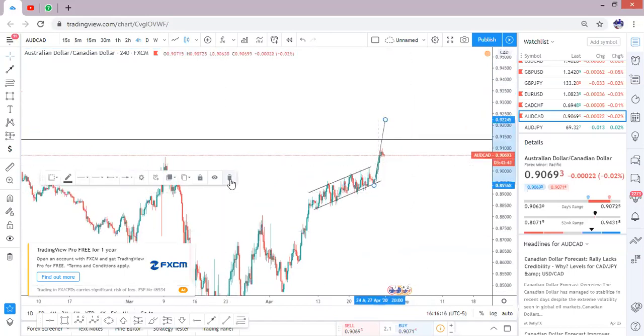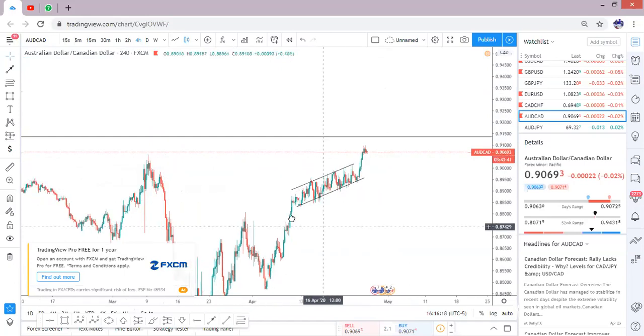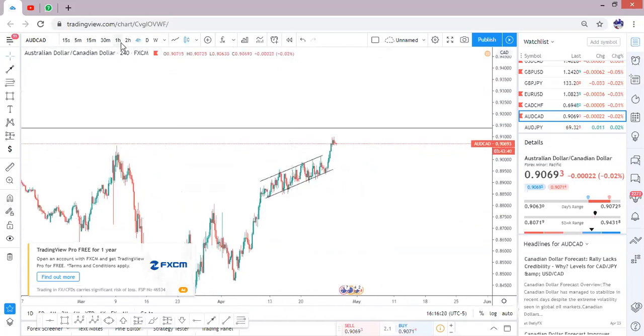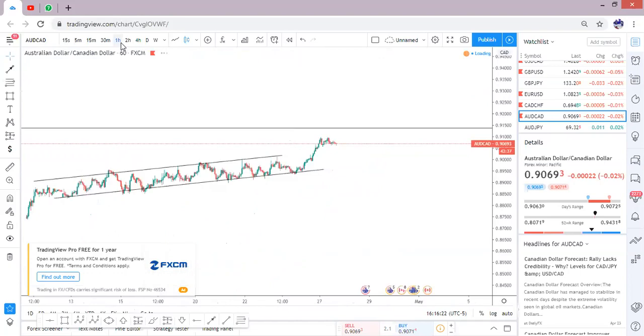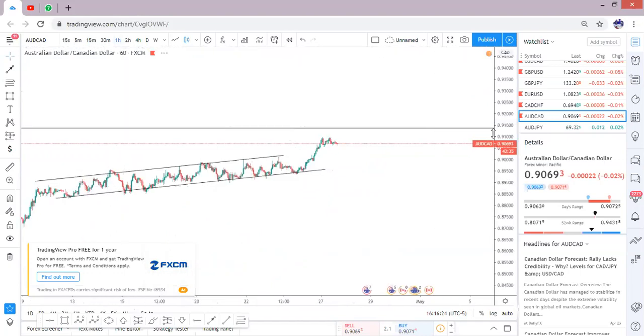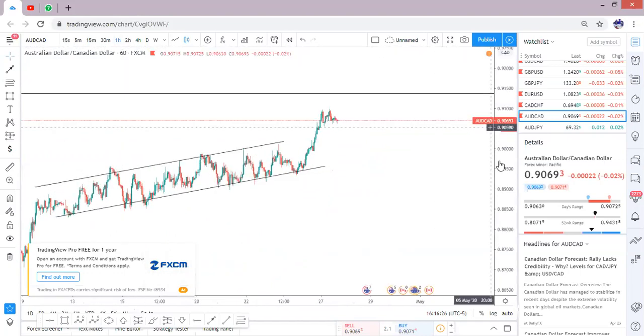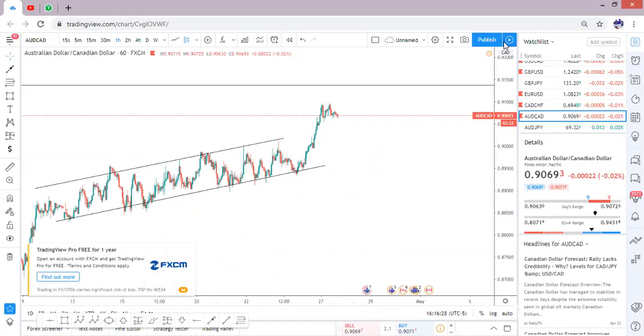So before we can enter this particular pair now, I will switch to 1 hour. I need to know what's happening there. So I have to switch to the 1 hour. Then from here, we can see a little bit of consolidation is happening.